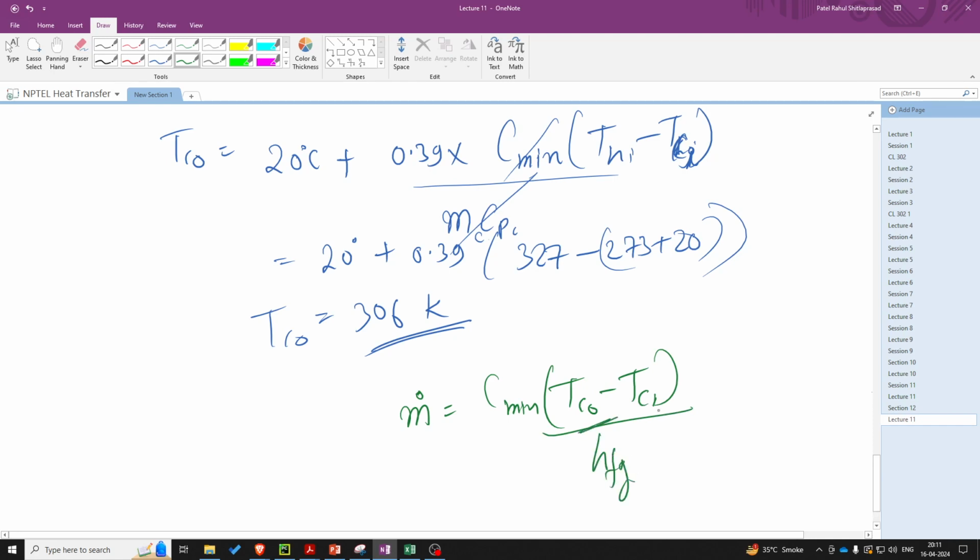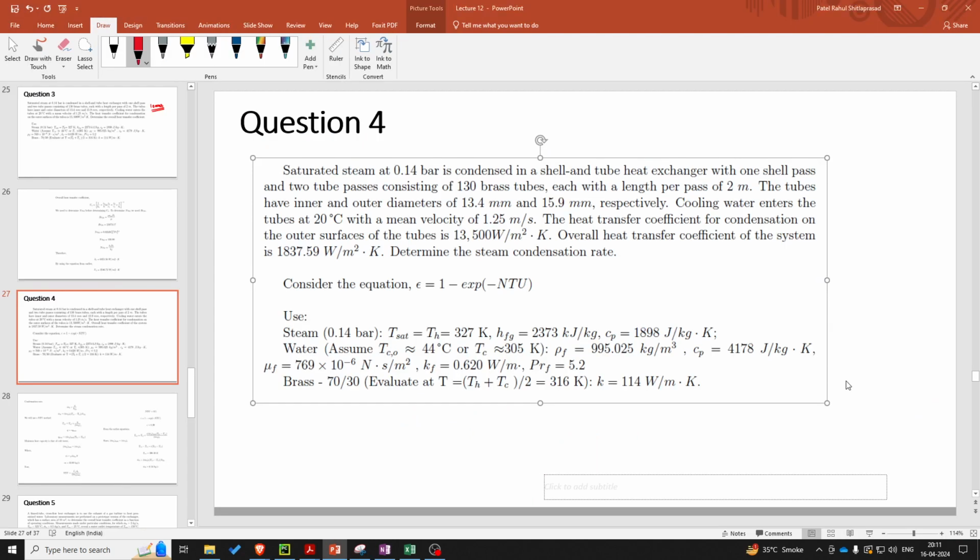Now we have this Tc0, we have this Tci, which we already calculated, and we have this hfg. So you can replace all those values over here, and you can get the mass flow rate as 0.54 kg per second. So you can take a quick look at the sample solution.